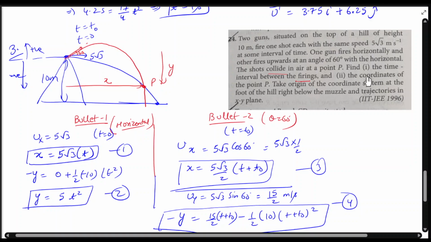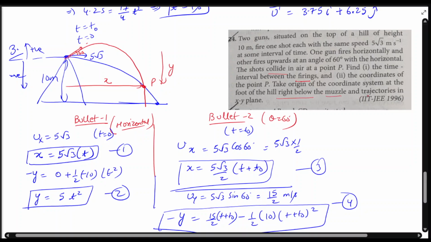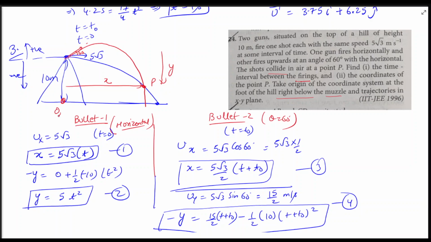In the second point, we have to find the coordinates of p. Take the origin of the coordinate system at the foot of the hill, right below the muzzle. So this is the foot of the hill. I have to take this as 0, 0. So look, first let's find x. So x will simply be 5 root 3, right?